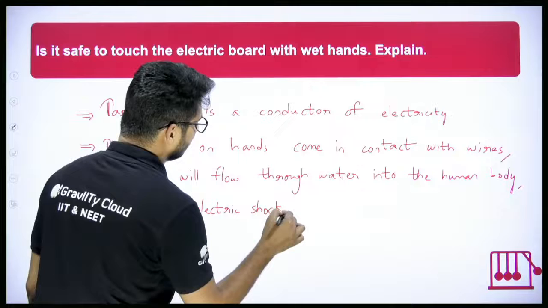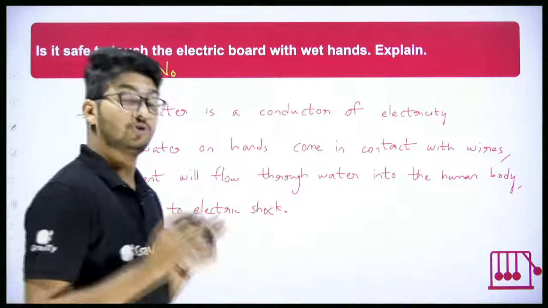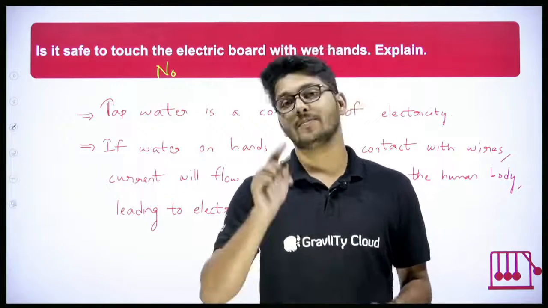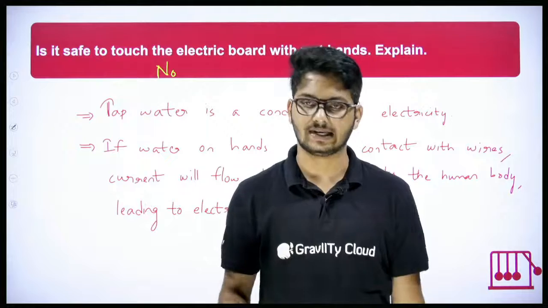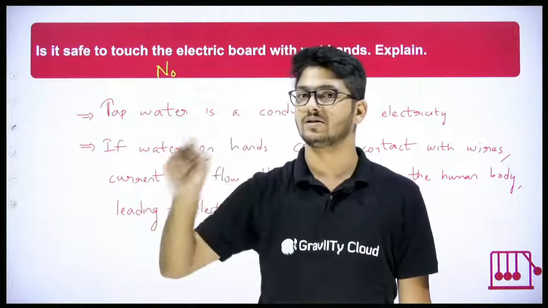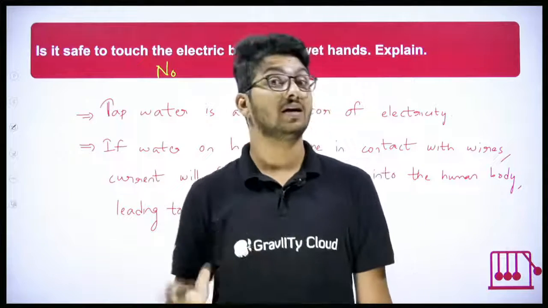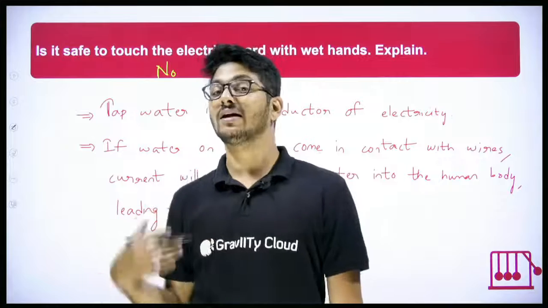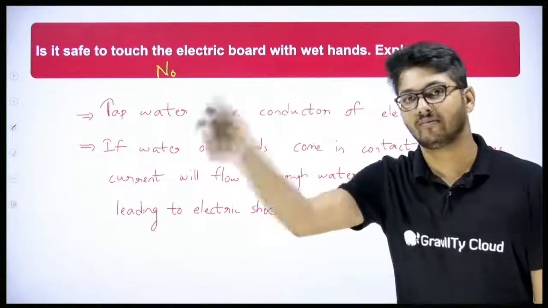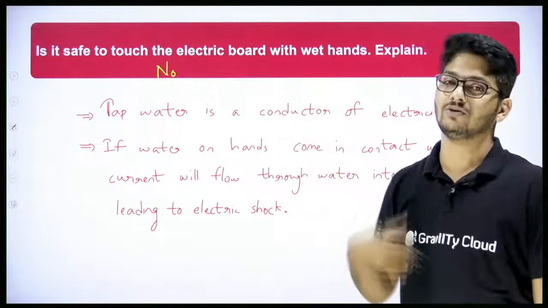Is that clear? Very simple. That is the reason why you should not touch any electrical appliance with wet hands. Why? Because tap water is a good conductor. So if you touch any switch or electrical appliance with wet hands, and I'm saying it does not happen always, but if water comes in contact with the wires, then the current can flow from wire through the water into our hands, from hands into our body.